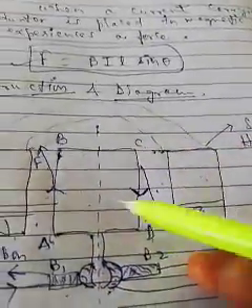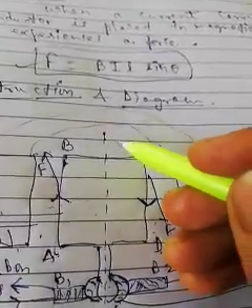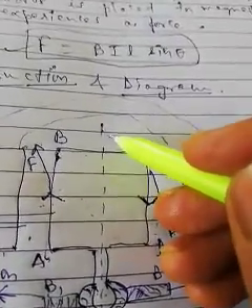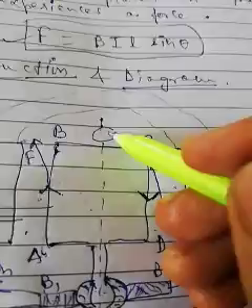Let's say these are A, B, C, D, and there is anti-clockwise revolution of the coil.